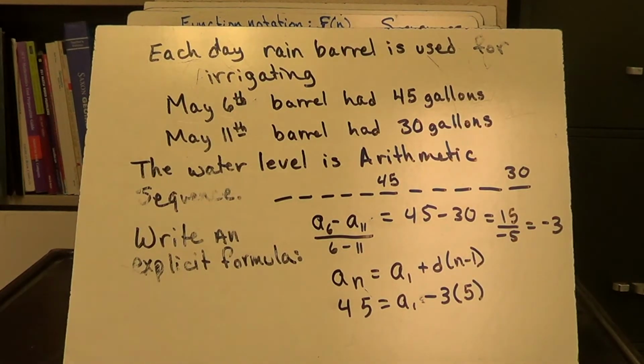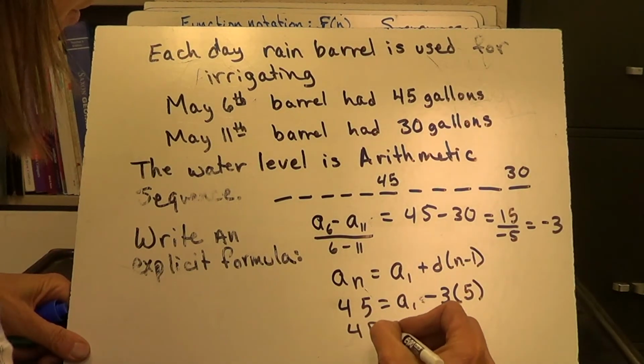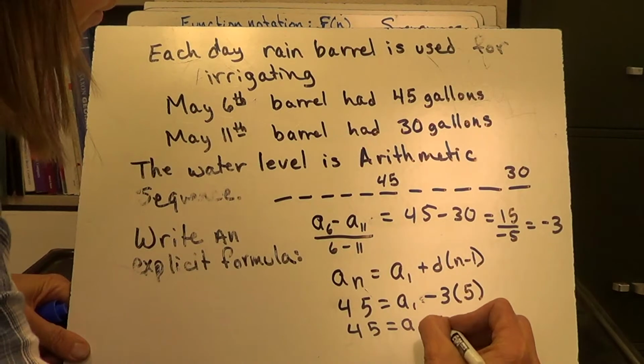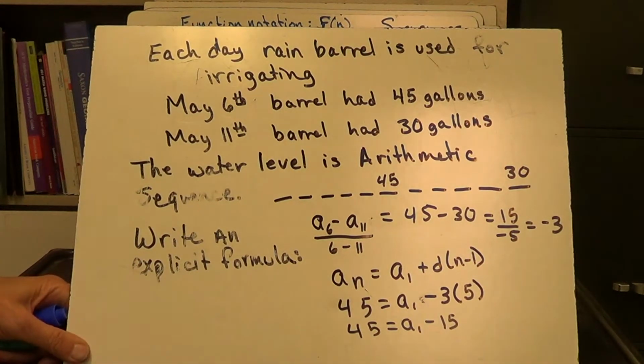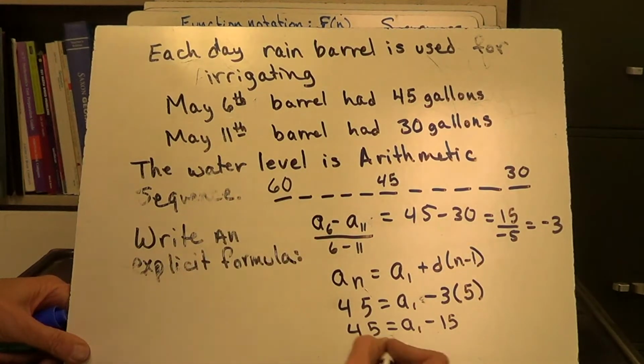Okay? So we get 45 equals a_1 minus 15. We add 15 to each side and we find that our a_1 is 60.